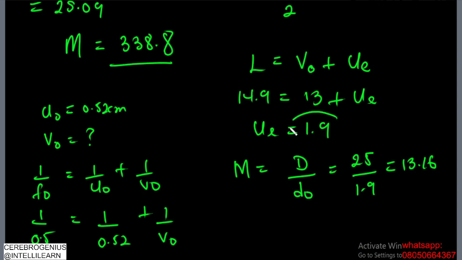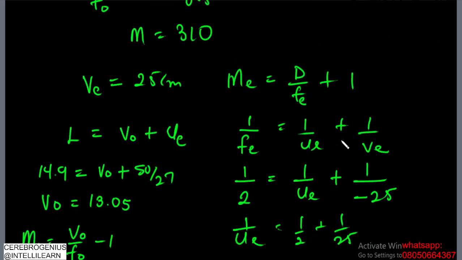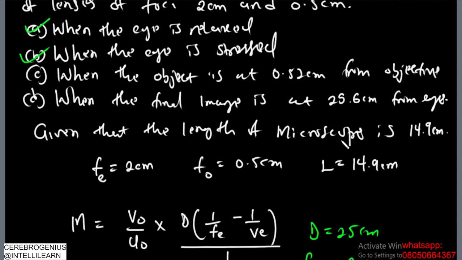I don't mean that this distance is more than 2. That means it will not be able to form a virtual image of it. So it's not going to function as the microscope that it's supposed to function as. So the question might be wrong, or you can just consider it as no longer being a compound microscope.